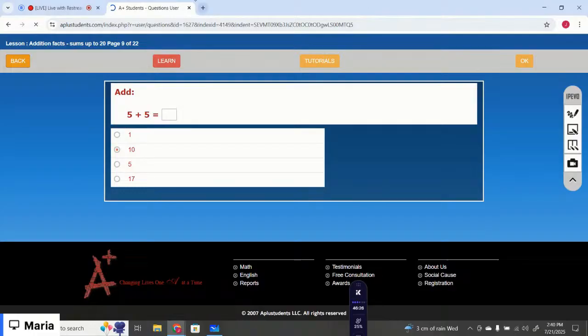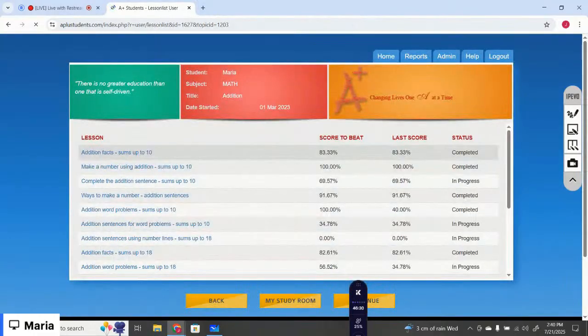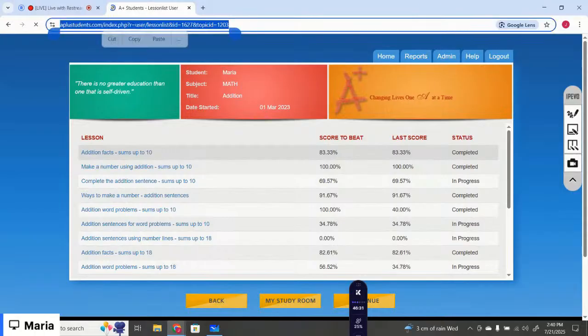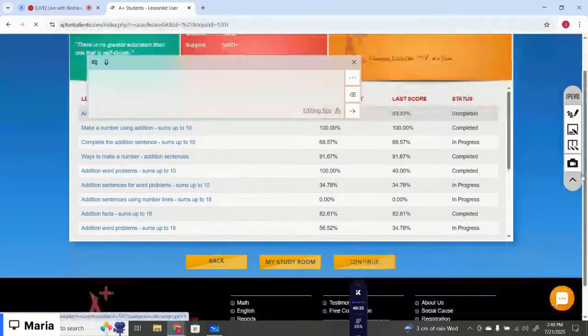So we were working on the grade 1 math chapter on sums up to 18.